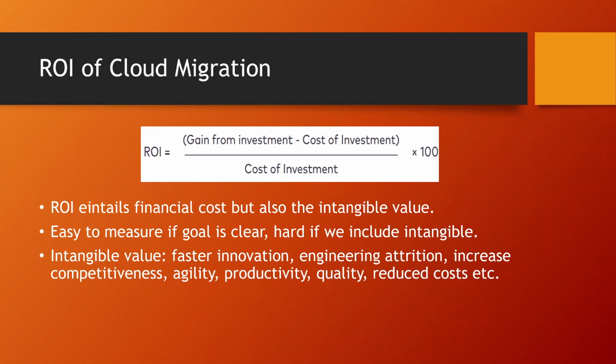Take, for example, high availability. If we only care about high availability of our services, we can calculate current costs of our on-premise setup and then costs of moving to AWS, and then basically subtract the cost of investment from the gain.